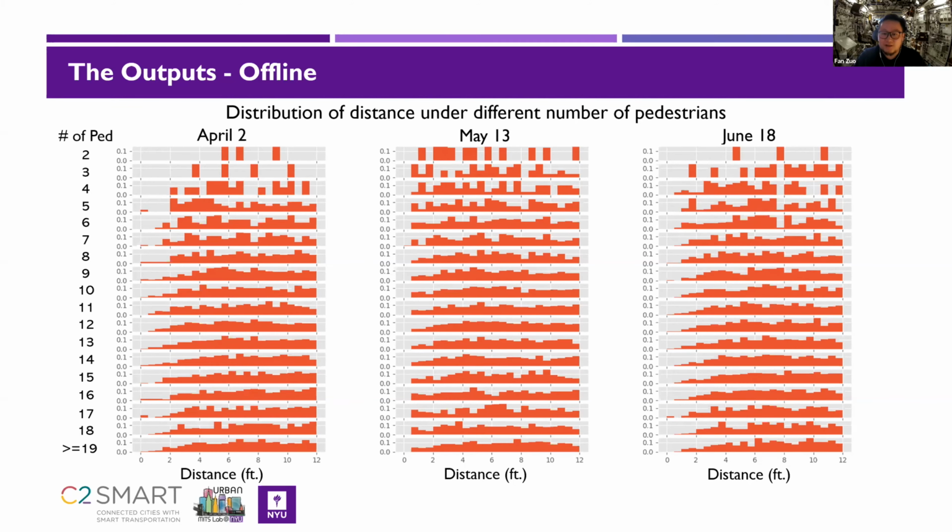Because we don't want the number of pedestrians to affect the distribution of the distance, because the camera can just take a limited area. So if we have like 100 pedestrians in the same limited location, the distancing between them, of course, will be limited, right? But we don't want that to affect our results. So we categorize them by the number of pedestrians.